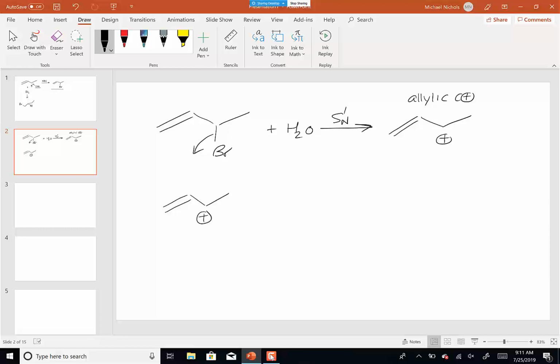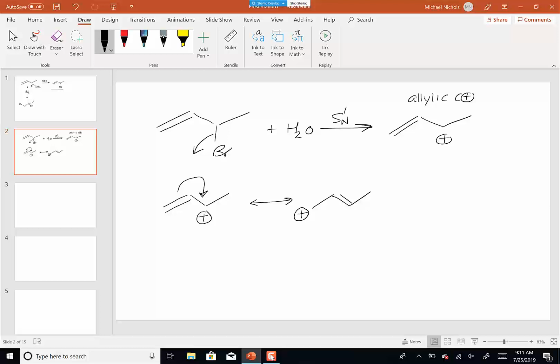Double bond for the middle bond. Okay. And then that's going to make a plus charge on the primary carbon on the left side. So I can write this resonance structure for this allylic carbocation.